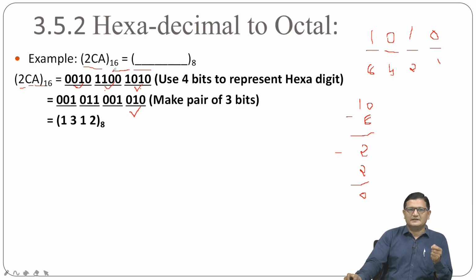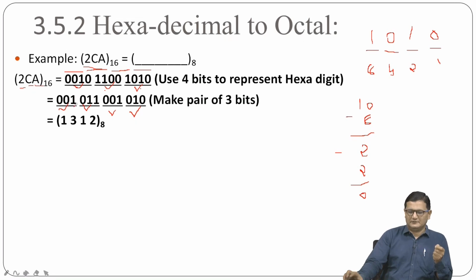So, this 3 bits 0 0 1, we have written here, right. Then this 0 1 1. So, that 0 1 1 we have written here, and finally, what remains? It is 001, right. So, that 001 I have written here.